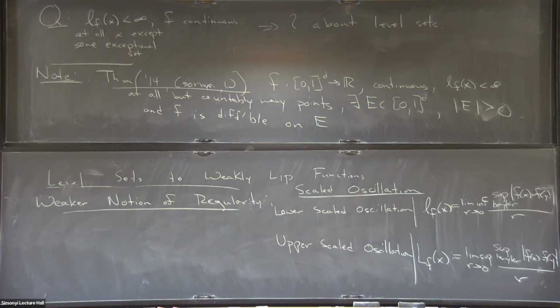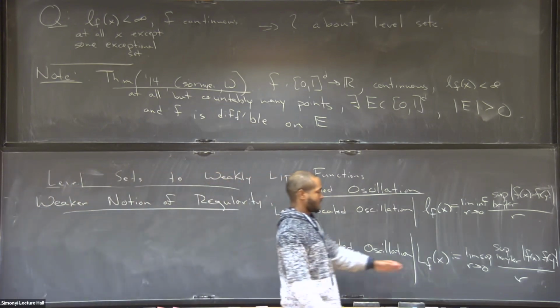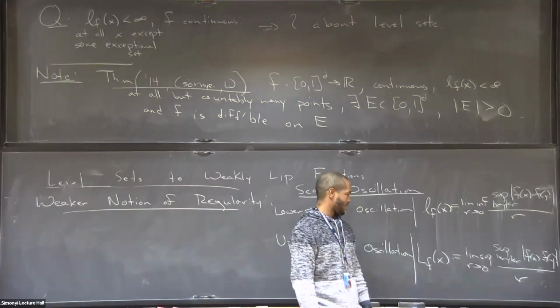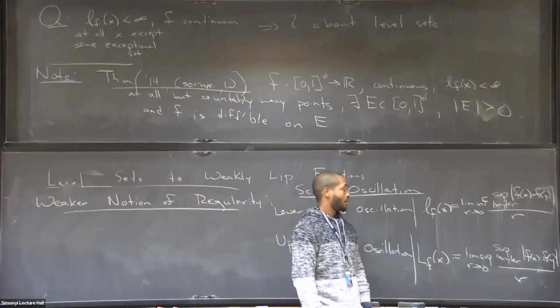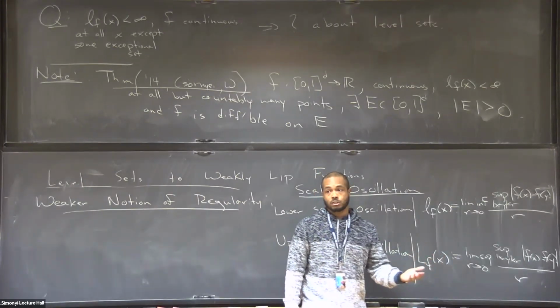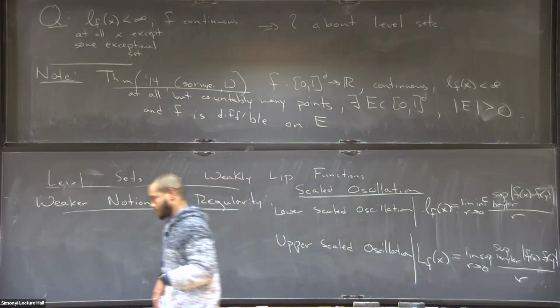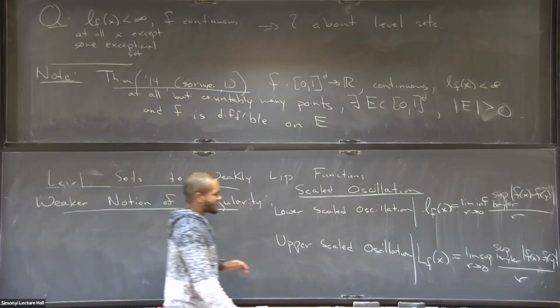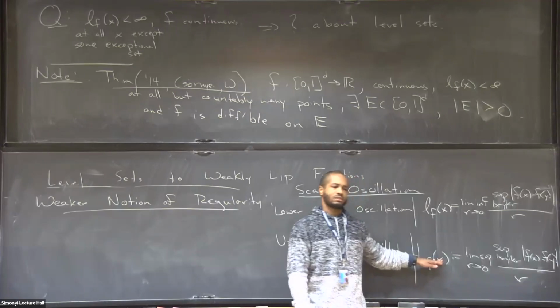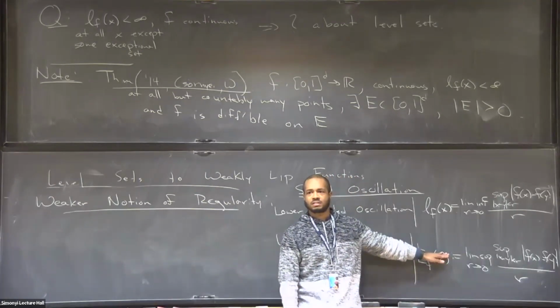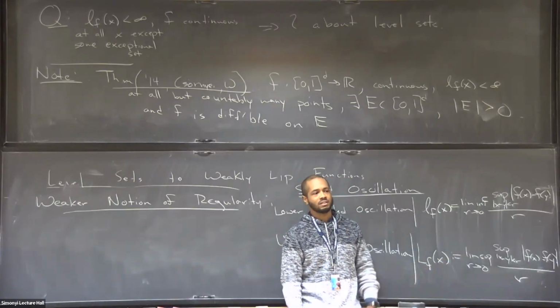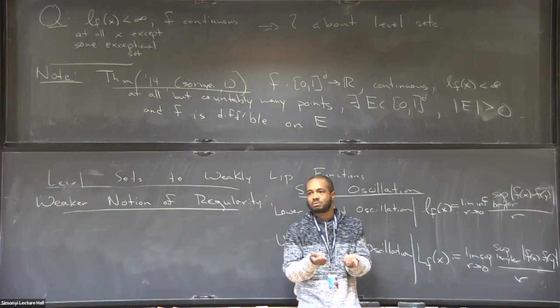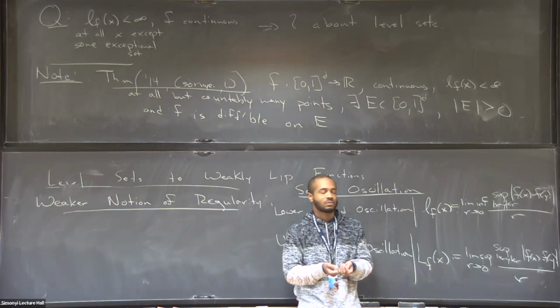But one thing you can take advantage of for a function for which this is bounded everywhere is that it has to be differentiable almost everywhere, just like Rademacher's theorem for Lipschitz functions. But you also know that it takes measure zero sets in its domain to measure zero sets in its codomain. This is very similar to what you do with the coarea formula, even for Lipschitz functions.